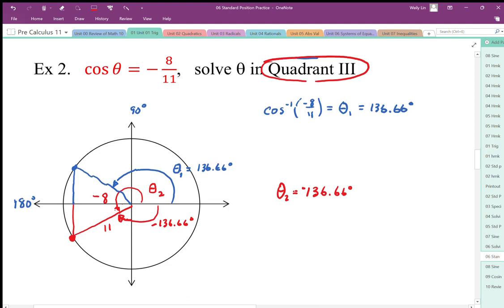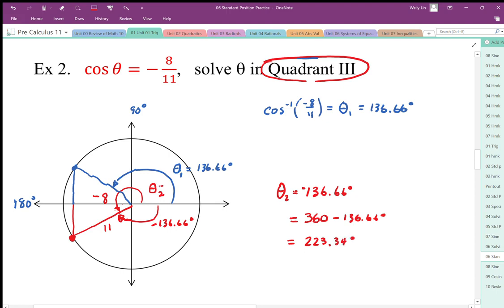If I want to convert this into a positive angle, I will just use my 360 degrees and subtract 136.66. Or I can just go add 360 to the negative 136.66. In either case, we get the same answer, and that's going to be the quadrant 3 position of 223.34 degrees measured in the positive direction.